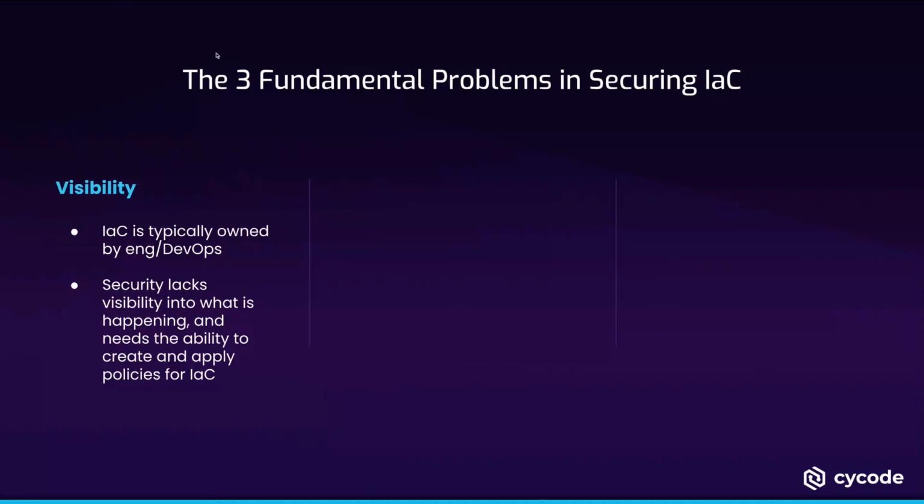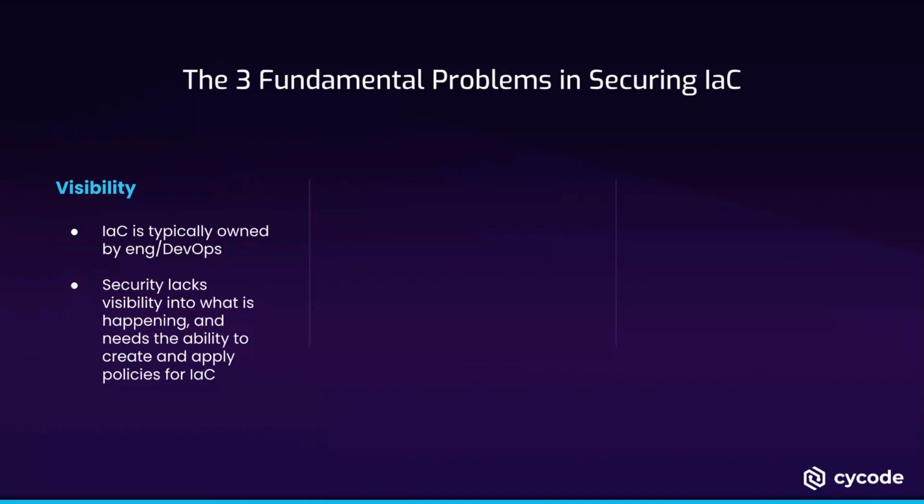Thanks. Now that we've talked a little bit about the problems with IaC security, let's talk about some of the challenges with actually securing it. There are really three fundamental problems to securing infrastructure as code. The first one comes down to visibility. Like a lot of other modern DevOps tools, IaC is owned by engineering and DevOps. It is often used and the templates exist outside of security's visibility.